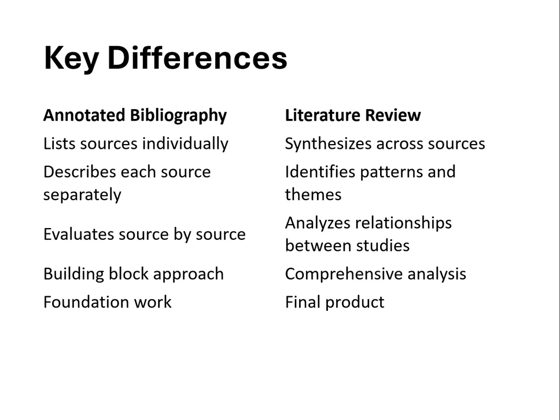In a lit review, there's more of a narrative, and you're synthesizing across the sources, identifying patterns and themes, and analyzing the relationships between the studies. It could be between the findings of the studies, or findings about the researchers too. It's essentially a comprehensive analysis, and you can consider it to be a final product.